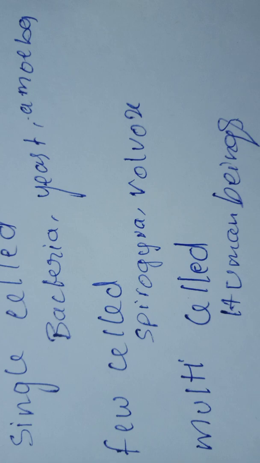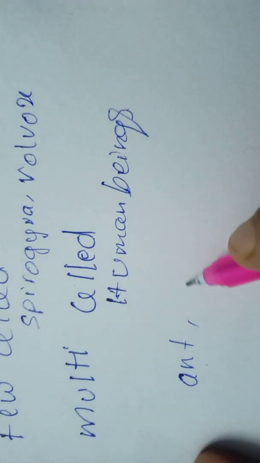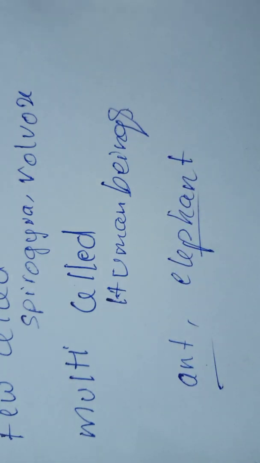Now I will ask you one question. See, there is an ant and an elephant. The cells which are present in an ant, are they small, and are the cells present in an elephant big?